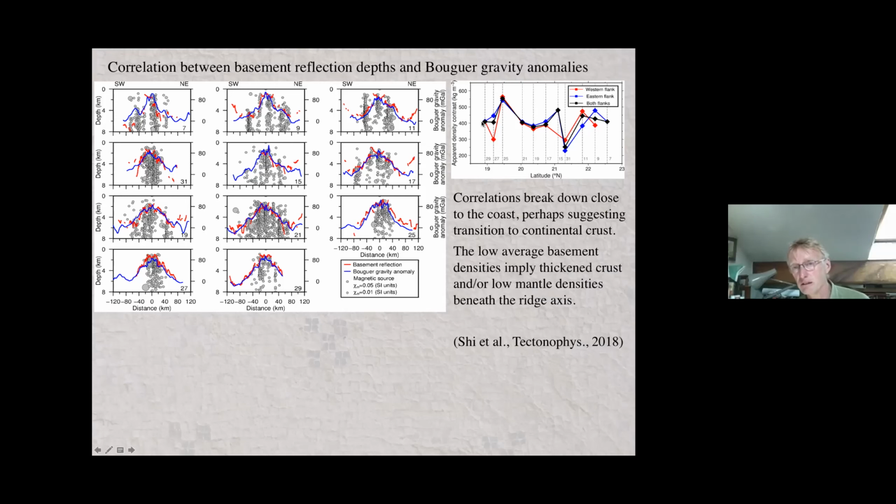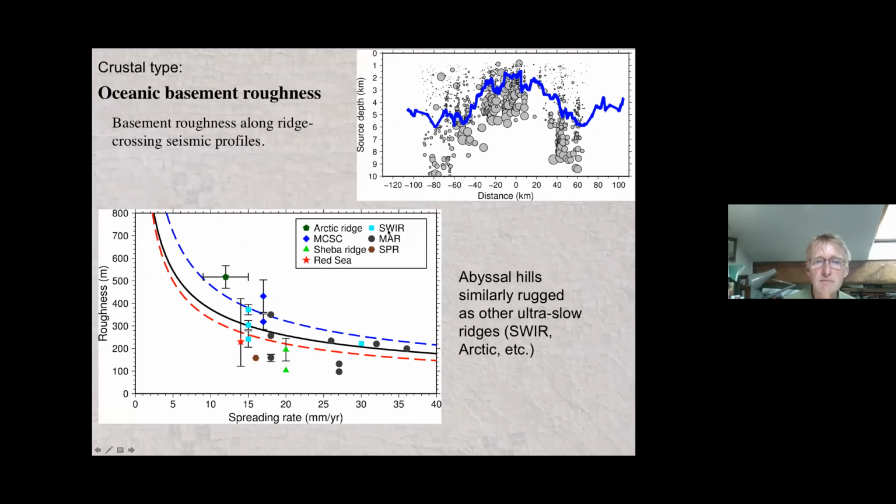You'd expect a higher density contrast. So this may be a clue that what underlies here also includes thickened crust under the axis, and an effective temperature of the mantle underneath. But anyway, we have this interesting correlation, which I will use later. I'll come back to that.